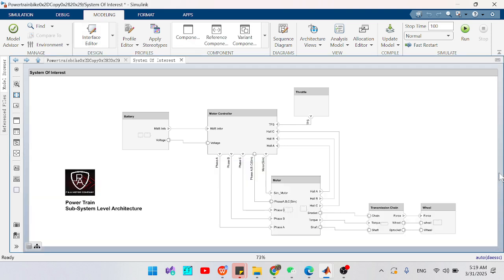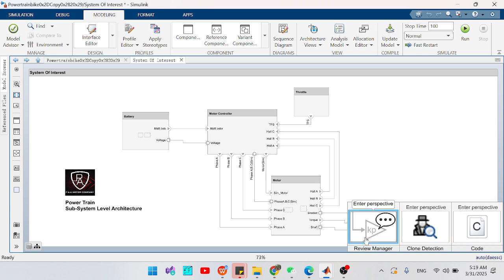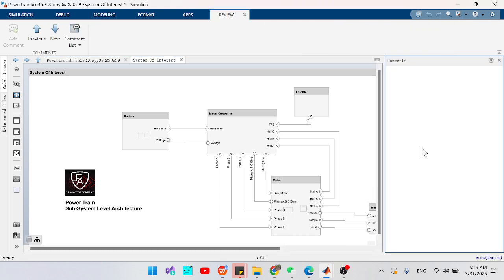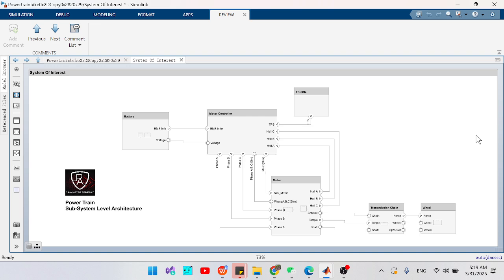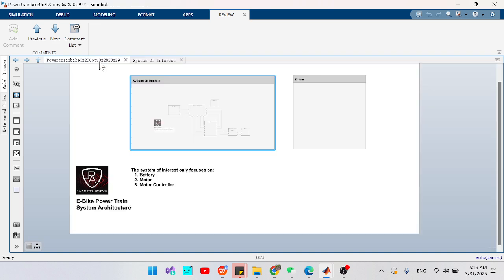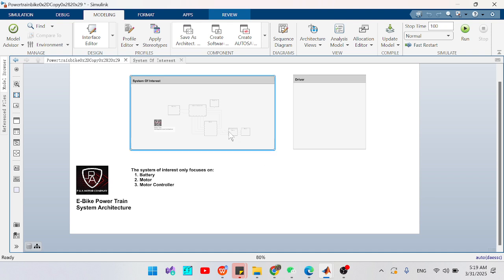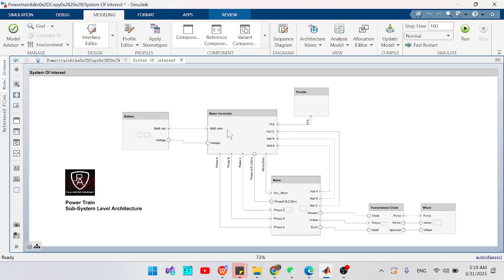You have the information of interfaces and the model requirements. Let me see. I think I had a model where I completely deleted the model requirements, so it's a pretty sad thing for me that I have to work on the model requirements again.